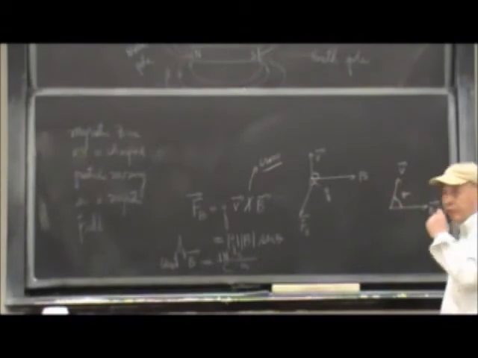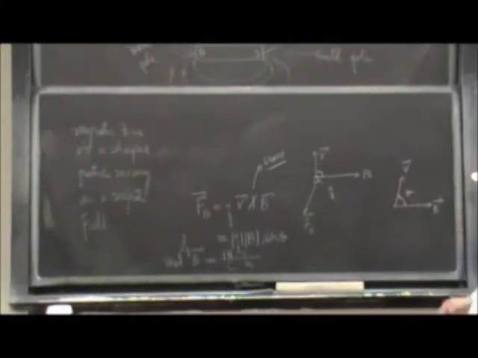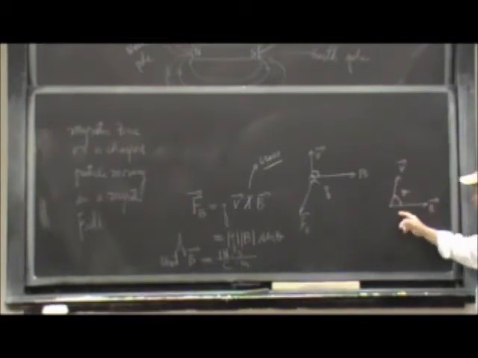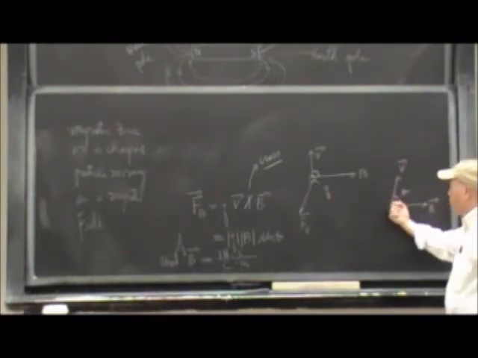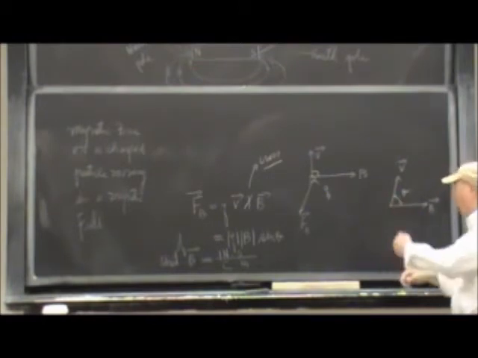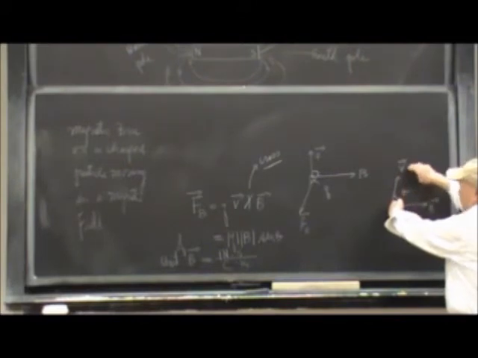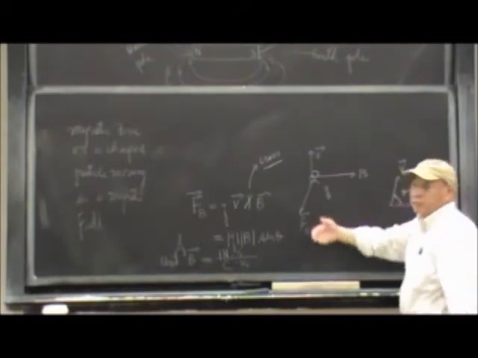It's related to the vector. That means if a charge is moving with this velocity and the magnetic field is in this direction, then it creates a force perpendicular to the plane made by the magnetic field and the velocity. So it goes this way.